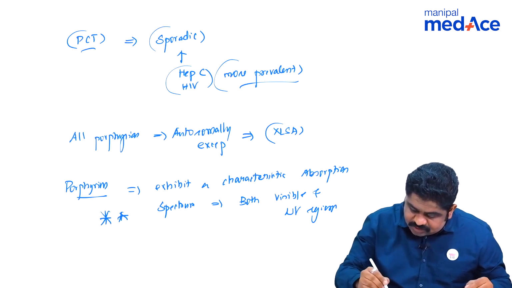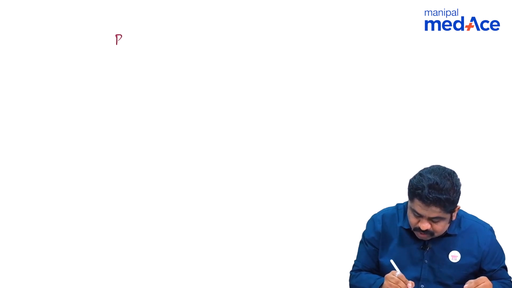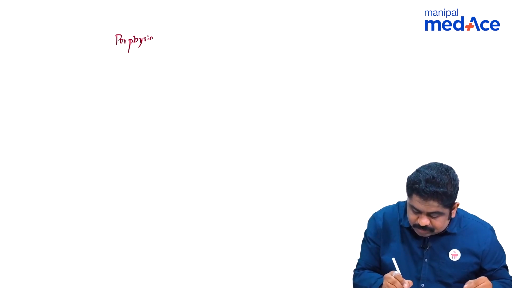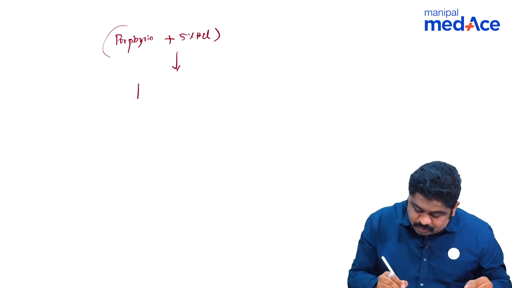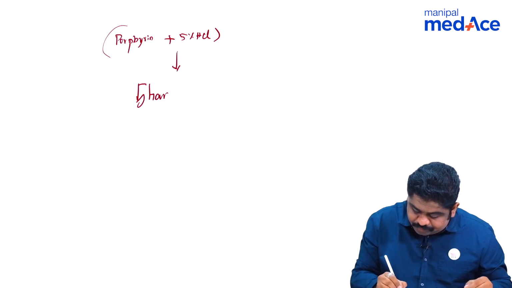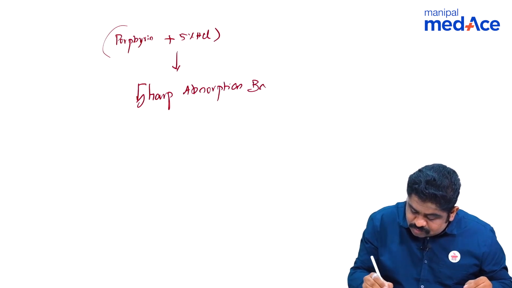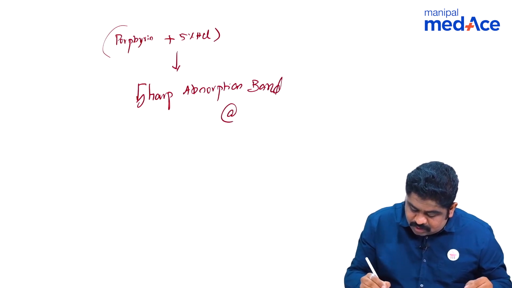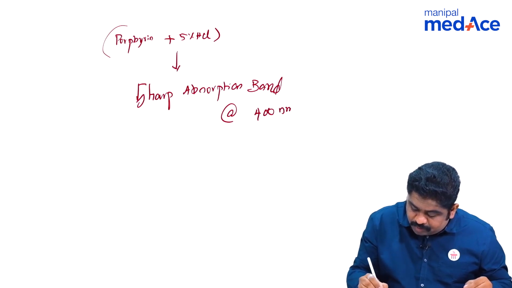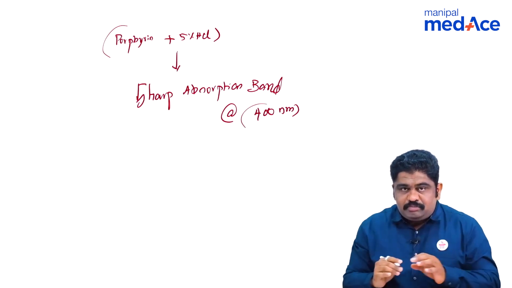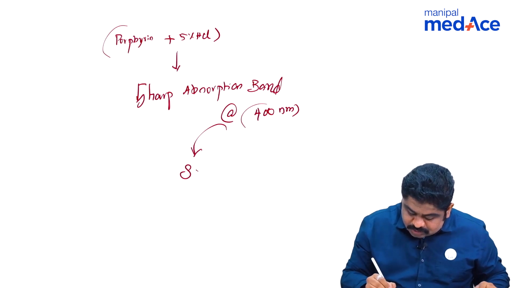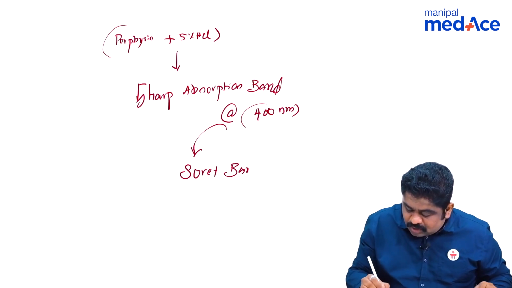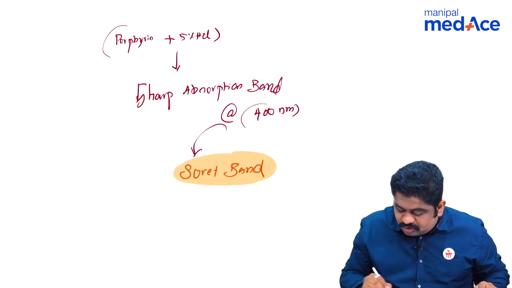Now, the extension of this information is that when you look at porphyrin and subject the porphyrin to 5% HCl, they will be able to produce a sharp absorption band at 400 nanometers. This absorption band happening at 400 nanometers is called as Soret band, and that brings us to the conclusion of the chapter of porphyrias. All the very best.